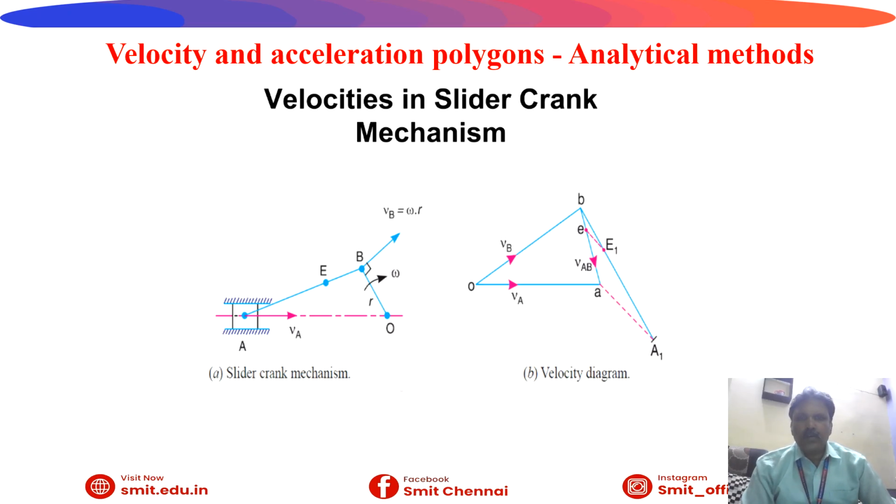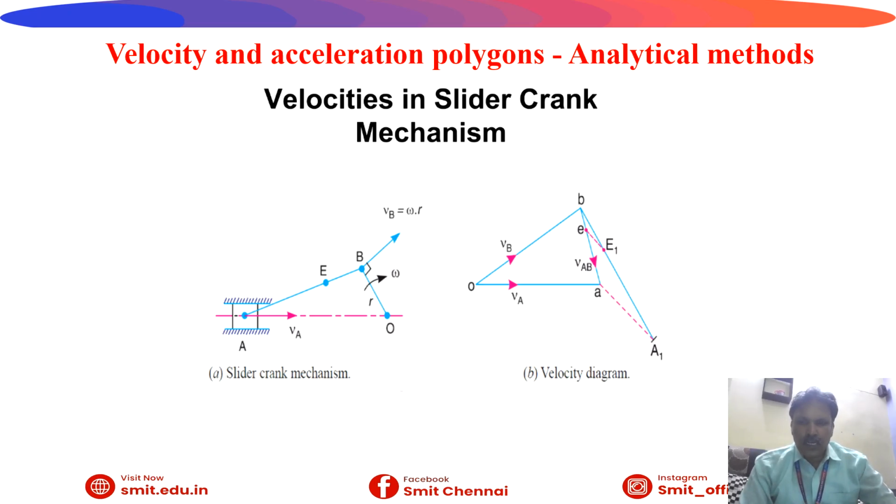This topic is very interesting as well as important. Students might have come across this topic in physics: the motion of velocity, relative velocity, angular velocity, various types of velocity that we have seen in school days.